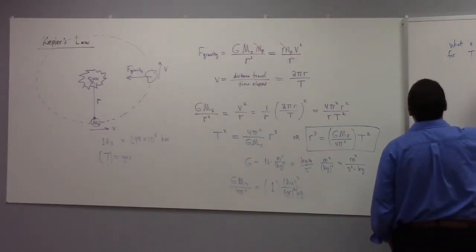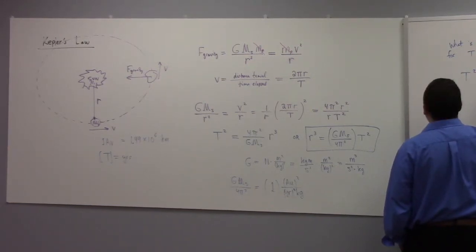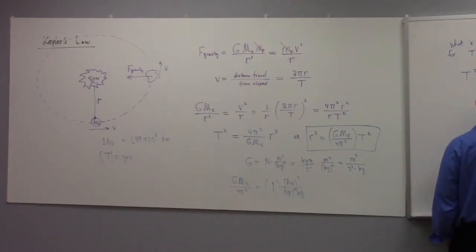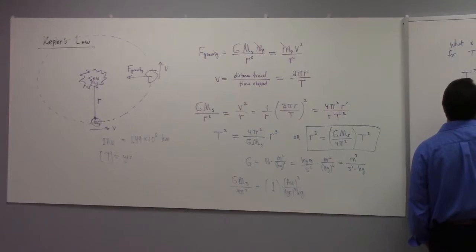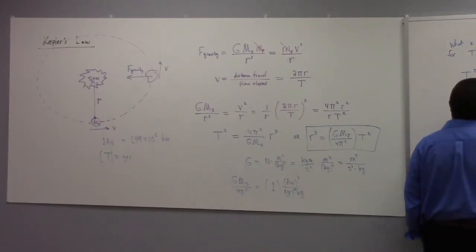So it's pretty simple. We know that T squared is equal to 4 pi squared divided by G mass of the sun, times r cubed. What don't I know?